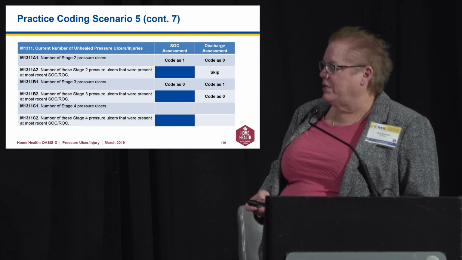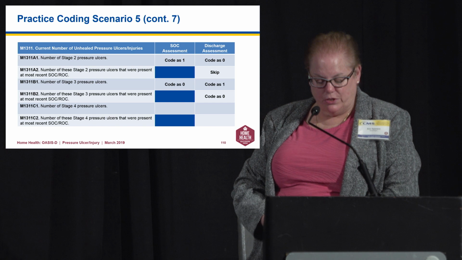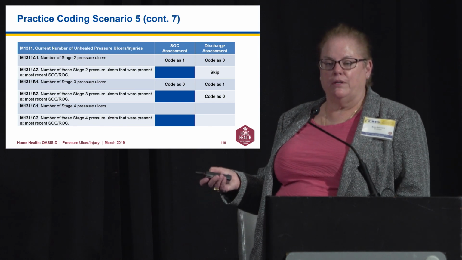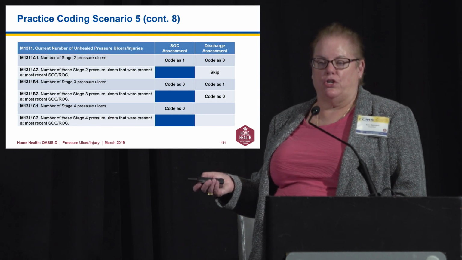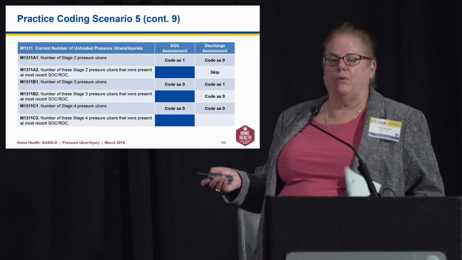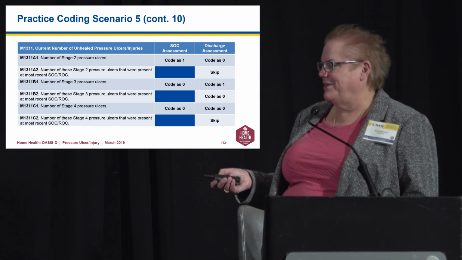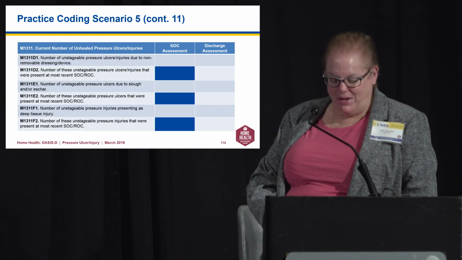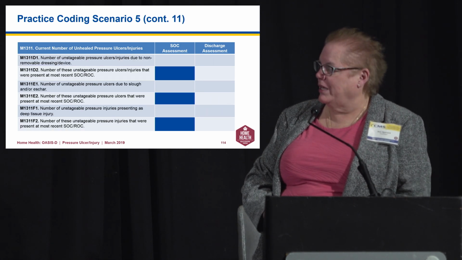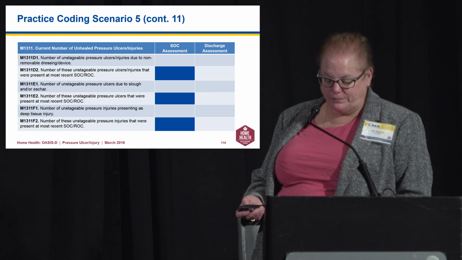The number of stage 4 pressure ulcers at the start? We didn't have any, 0. And how many at discharge? 0. So the next question is how many were present at start of care? Skip. Good, you guys are getting it. All right. So now we have all of the questions related to unstageable.